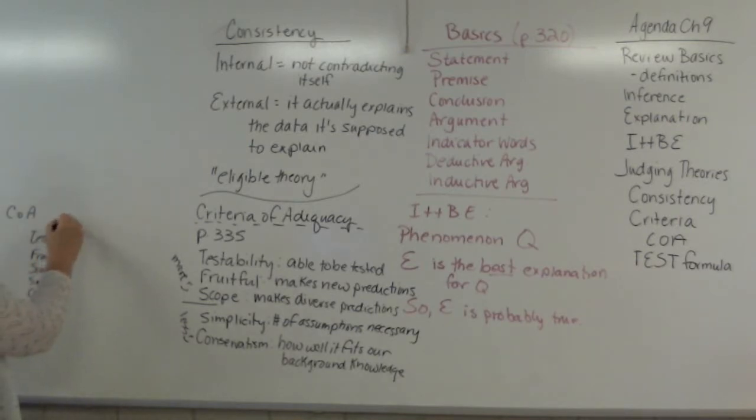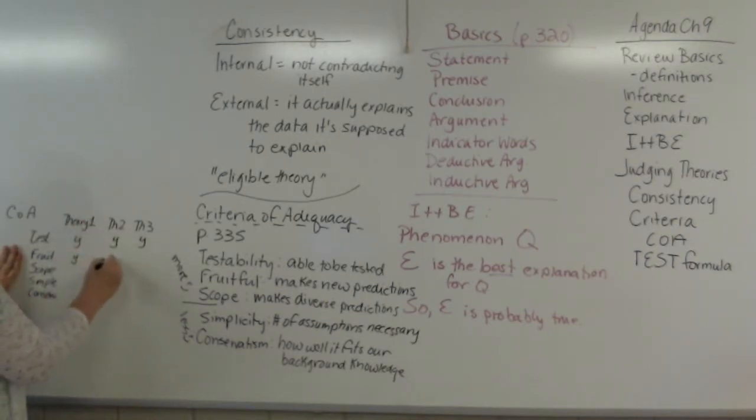And then I have theory 1, or I'll give it a name, okay? Theory 2, theory 3, and then it's just yes and no. Can I test these theories? Sure. Is each one fruitful? Okay, this one makes some new predictions, this one not so much, and this one does.